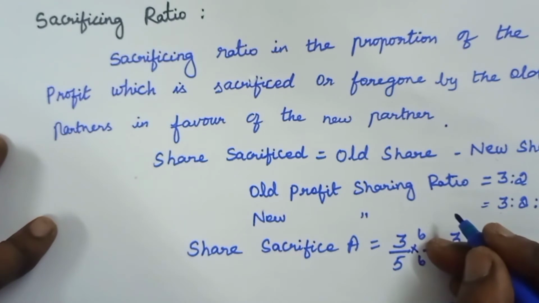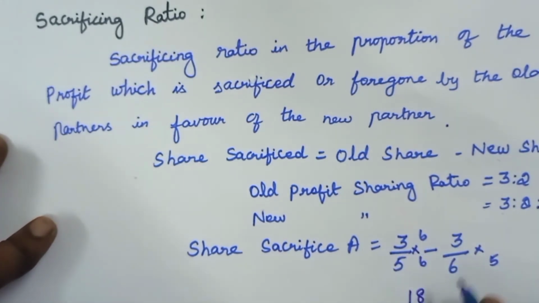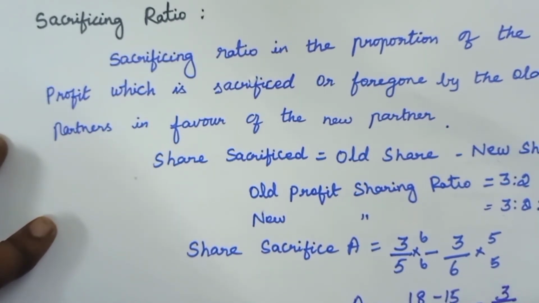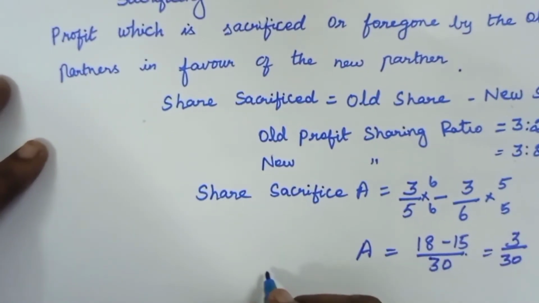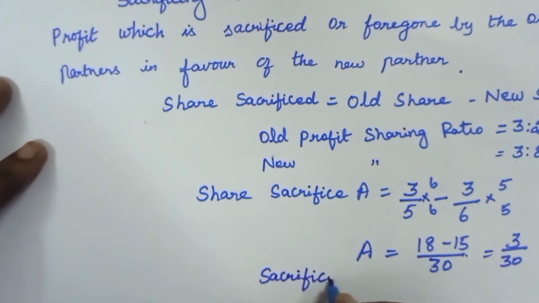Multiply by the same number. 3 into 6, you will get 18. 3 into 5, you will get 15. Here the sacrificing ratio of partner A is 3/30. In the same way, we have to calculate the sacrificing ratio of partner B.